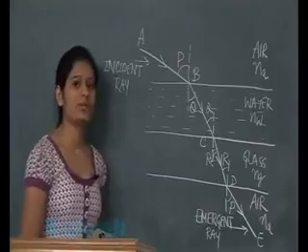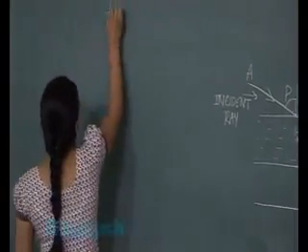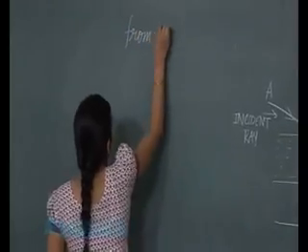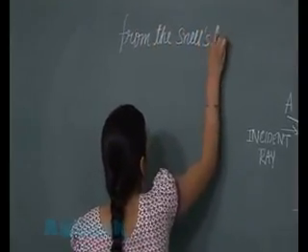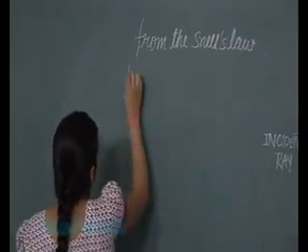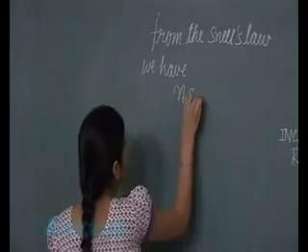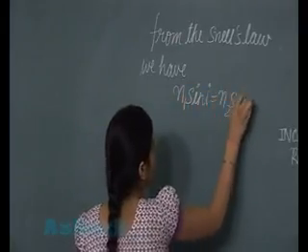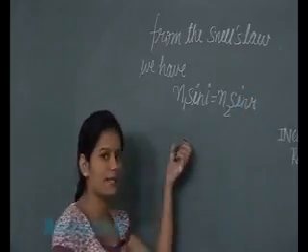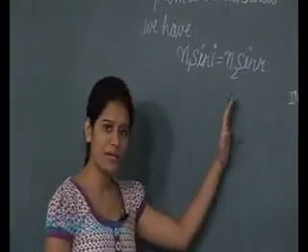Now student, we know the expression for Snell's law. From the Snell's law, we have N1 sin I is equal to N2 sin R, where N1 and N2 are the absolute refractive indices of medium 1 and medium 2 respectively.